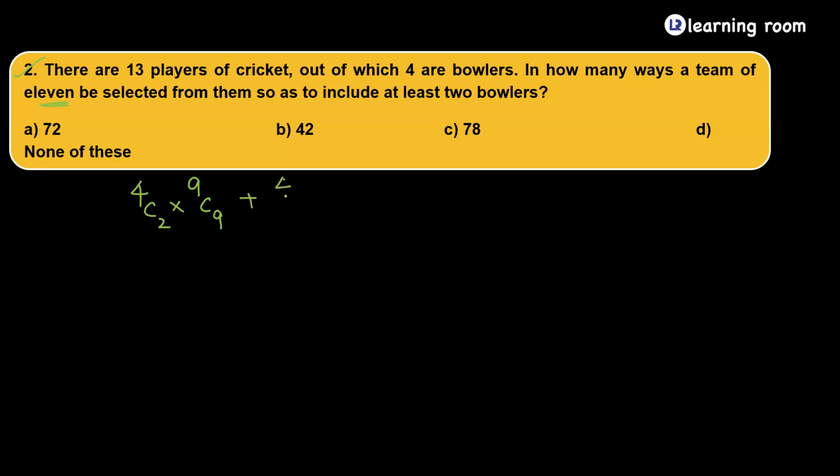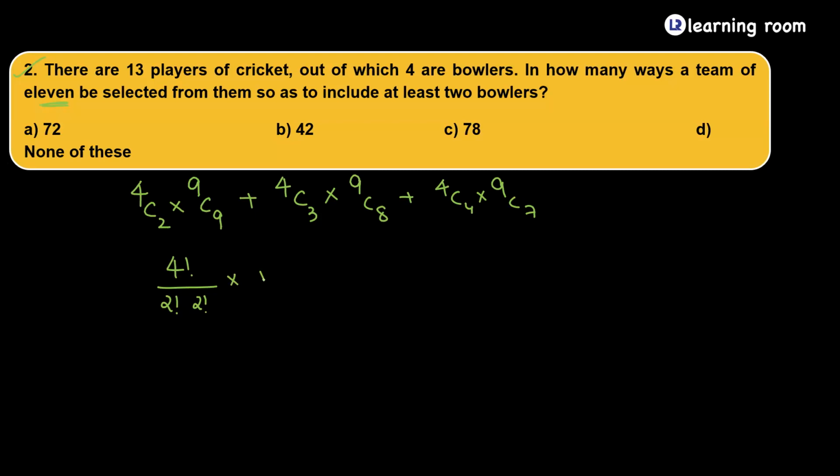Or from the available 4 bowlers, you can choose 3 into 9C8. Or you can choose all the 4 to be bowlers into 9C7. All that you need to do is calculate it and find out the value. So here 4C2 is going to be 4 factorial divided by 2 factorial into 2 factorial into 9C9 is 1.